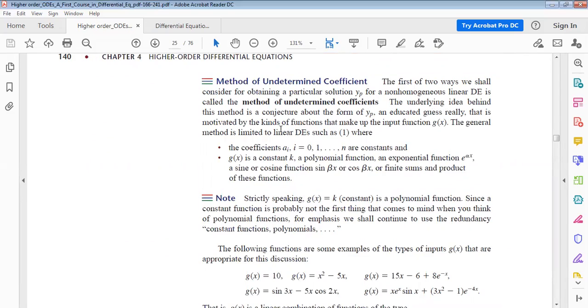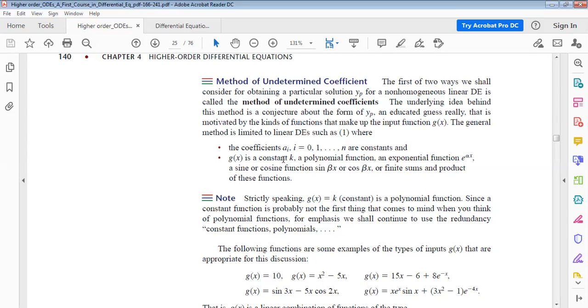The underlying idea behind this method is that the coefficients ai for i equals 0 to n are all constants, and g of x is a constant k, a polynomial function, an exponential e to the power alpha x, a sine or cosine function such as sine beta x or cos beta x, or a finite sum of products of these types of functions.